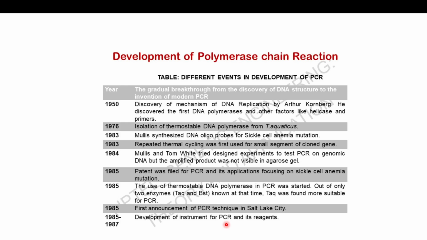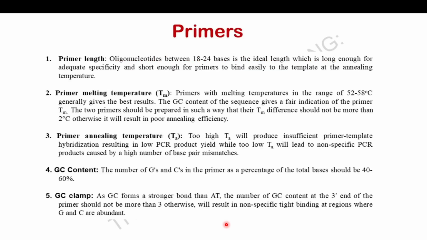But nowadays, a commercially available master mix is there, where the enzymes, buffer, salts, ions, dNTPs, everything is already added. You just have to add your primer and your template, and dilute the master mix from a particular concentration accordingly, and then put in your reaction. So it has become comparatively easier now.